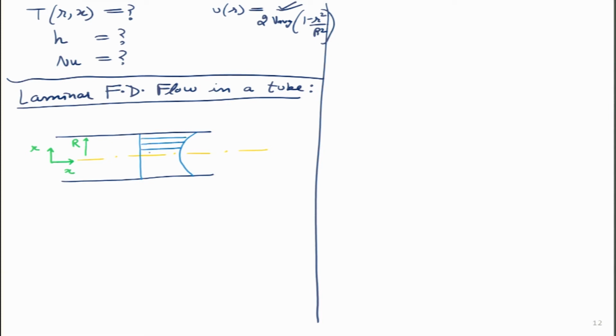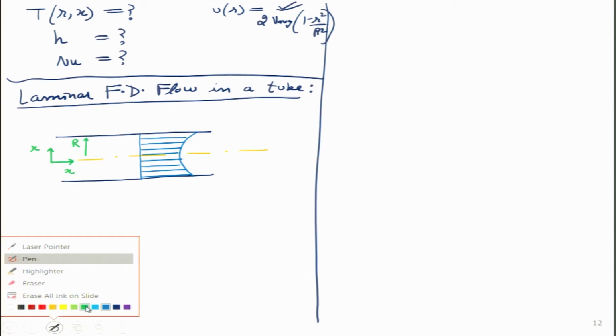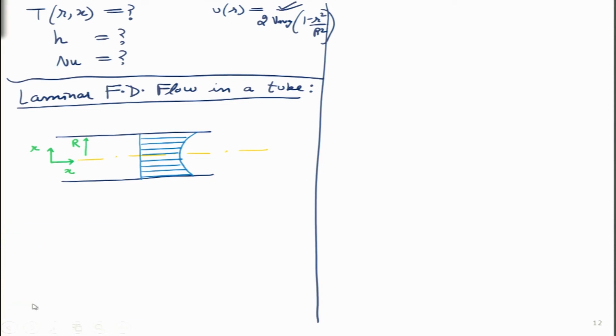So, the length of each of these blue lines indicates the temperature value. The longer the length, the higher the temperature. We can clearly see over here that in this particular case, we are taking the case where Ts is greater than T mean. And what is the value of T mean? T mean would turn out to be somewhere over here.